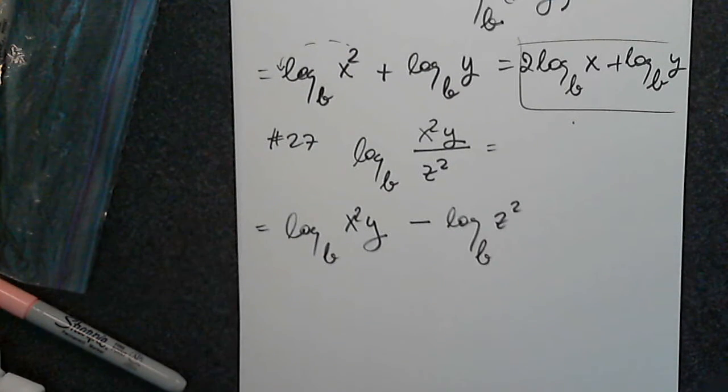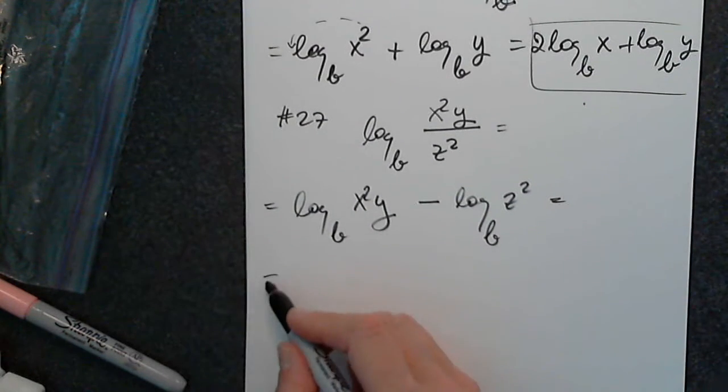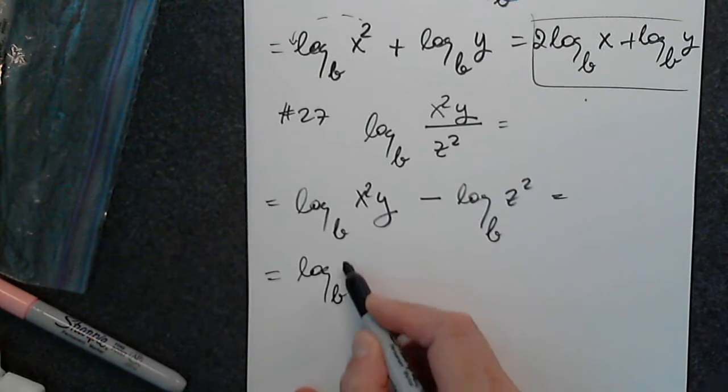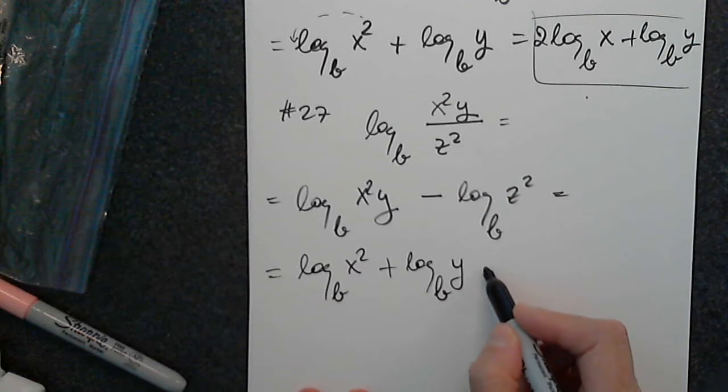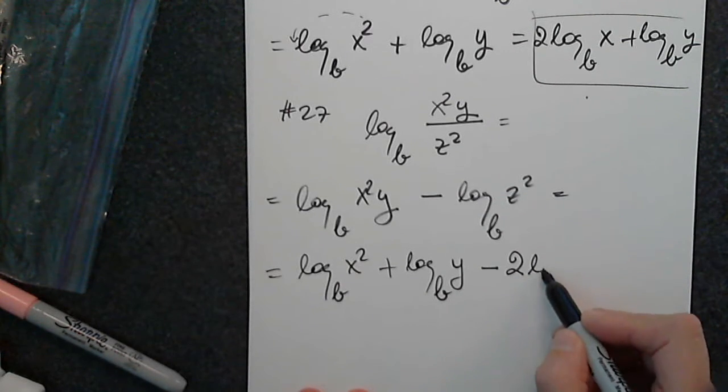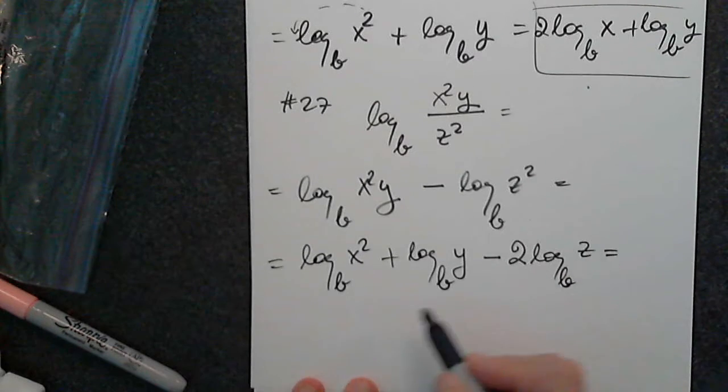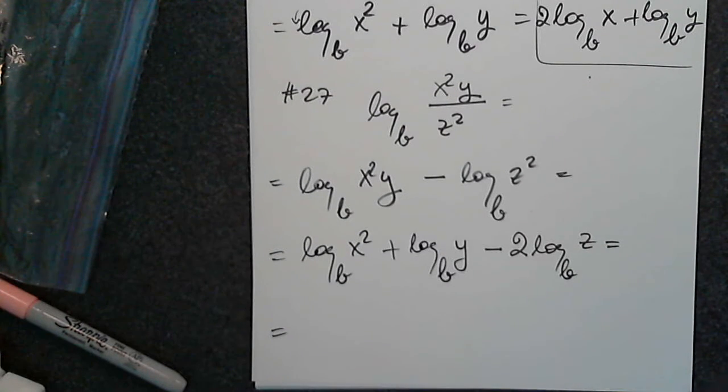So what do I write for the first one? Log base b of x squared, perfect, plus log base b of y minus 2 log base b of z. Awesome. There is only one step left.